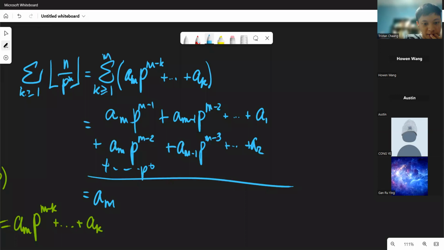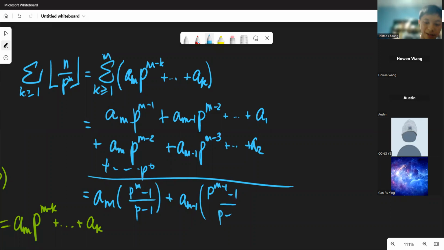So what's this? p to the 0 up to p to the m minus 1, and that's probably just p to the m minus 1 over p minus 1, right? And again, the next term, if you want a spoiler, is also just p to the m minus 1 over p minus 1. And you can probably see where this is going.